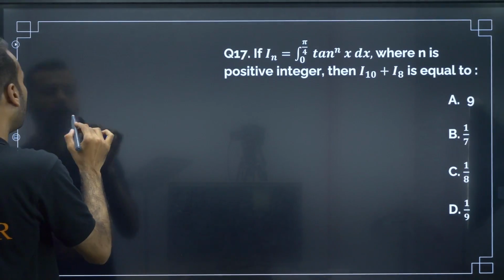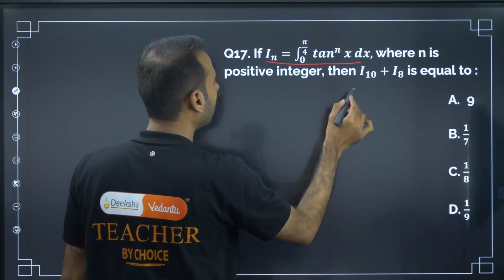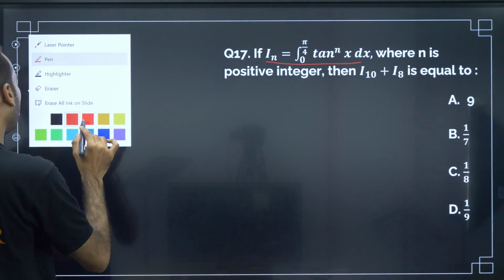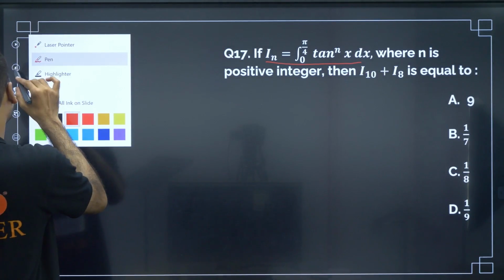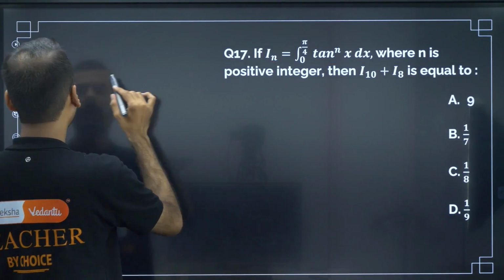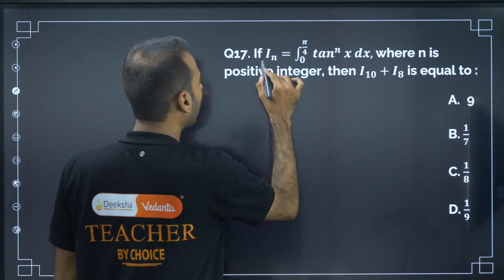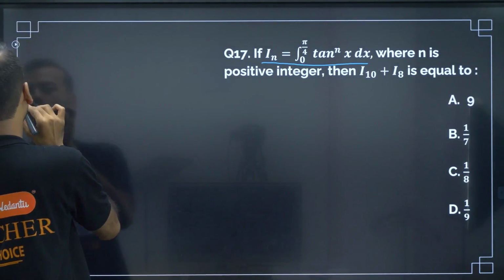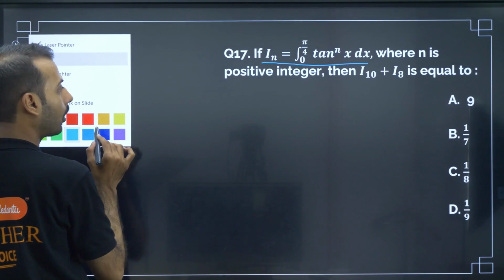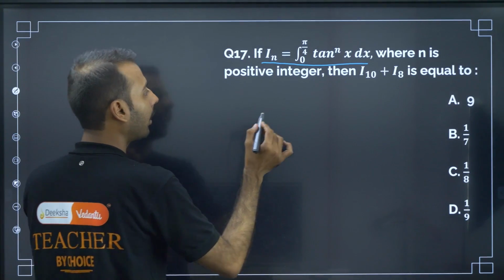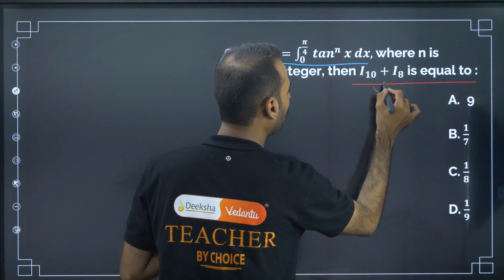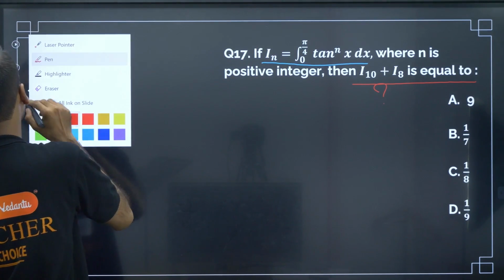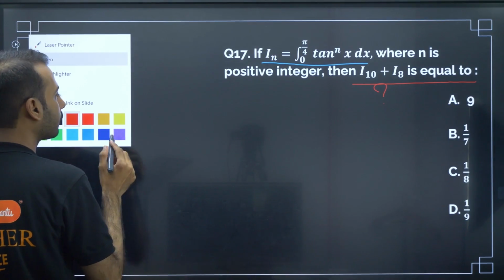In is equal to, they have given some value for In, where n is a positive integer. What is that value? In is equal to this, for positive integer n. What are they asking? They are asking to find I10 plus I8, what is this equal to? So how to approach?